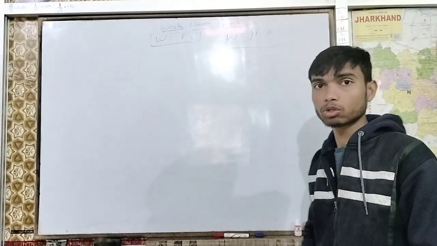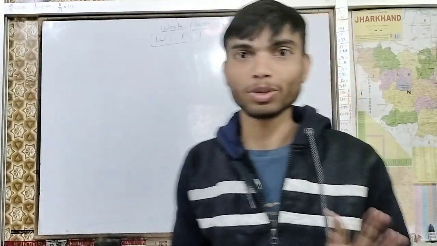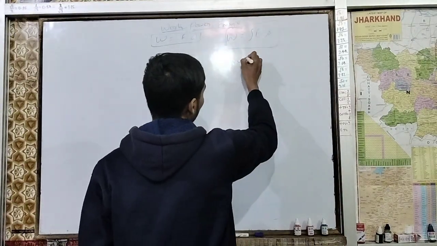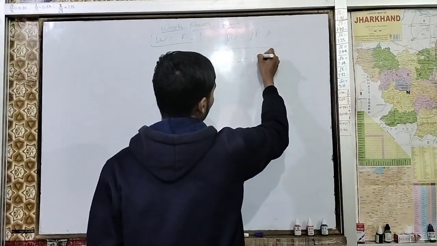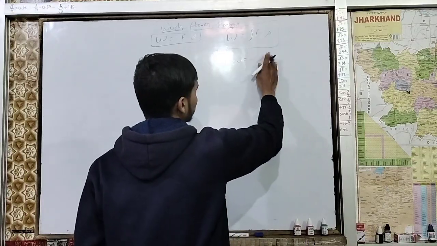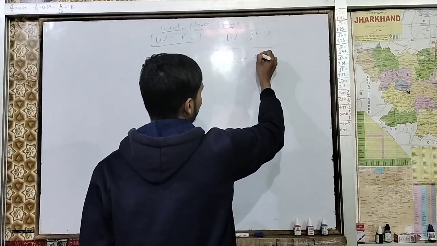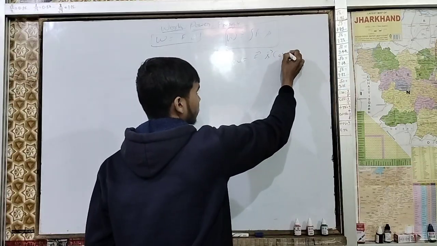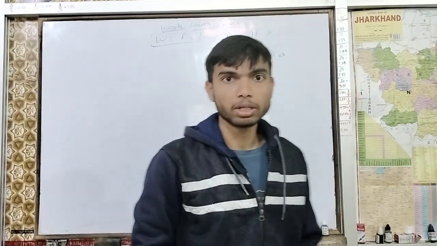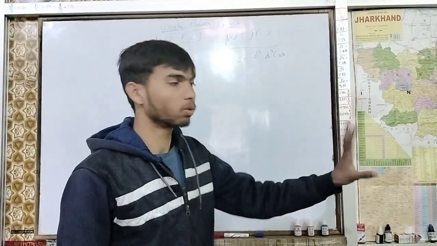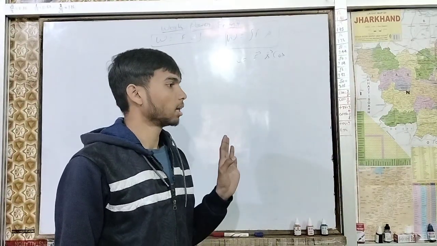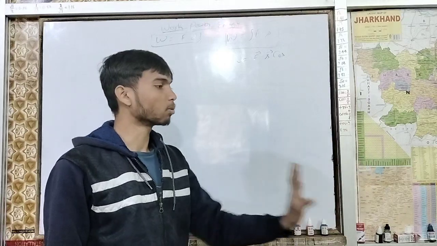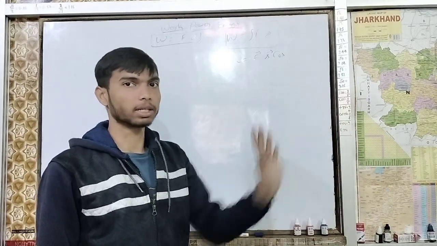When it comes to a scalar product, we use cos theta. So W is equal to F into s cos theta. The angle over here is 0 degrees, because I applied the force in this direction on the object, and the object is going in the same direction.